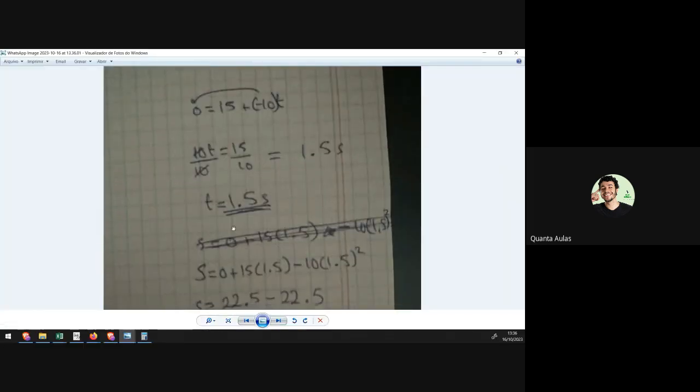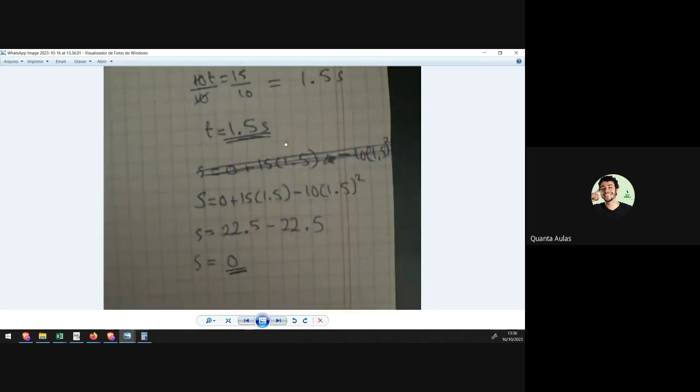So you get the time, 1.5 seconds, and you put this value in the equation of the position. But I suppose you forgot the over 2 here, okay? Well, for this problem, this is a real mess because we have the position 0.